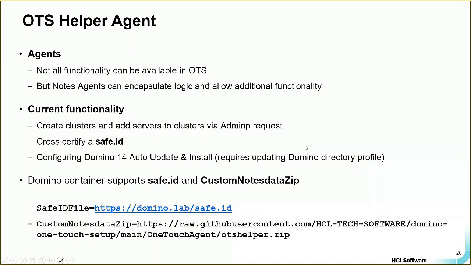So I'm leveraging this agent as an example for what you can do with agents, and also to provide a helper agent that you could download, customize, use as it is, and it's triggered by environment variables. Those environment variables are consumed by the agent logic, and the agent and everything is in the GitHub project.